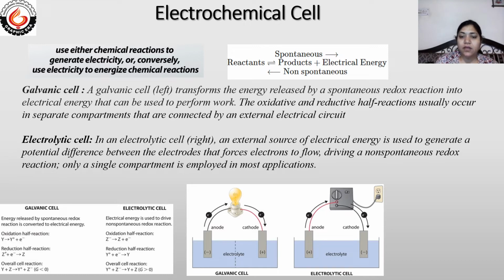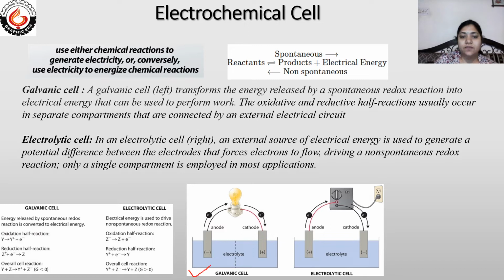So an electrolytic cell is a non-spontaneous reaction, and a galvanic cell is a spontaneous reaction.